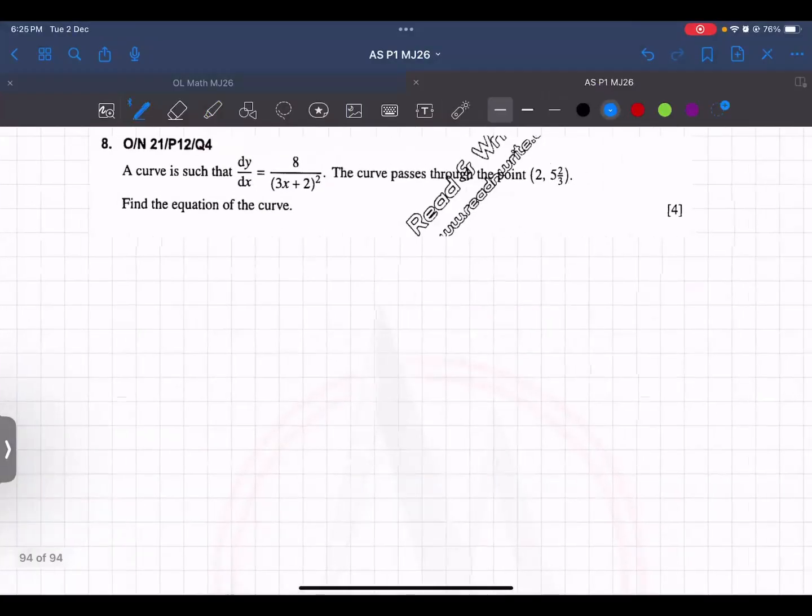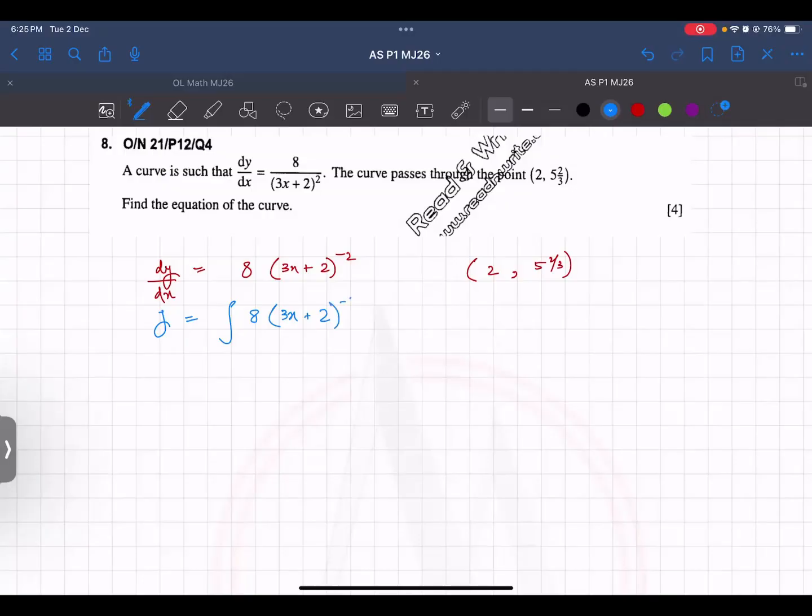A curve is such that dy by dx is given to you: 8, and if I bring the bracket above, this would become (3x plus 2) to the power minus 2. The curve passes through the point (2, 5 whole 2 upon 3). They have given you a point through the curve so that you can get the value of c.